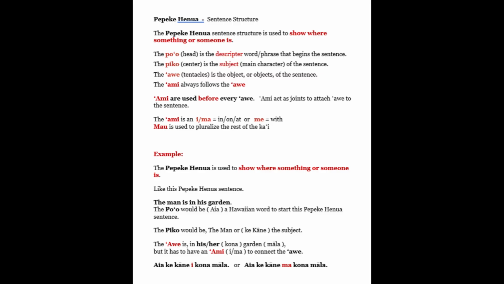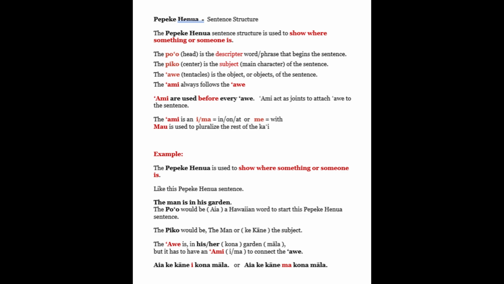Whenever you are saying a sentence in Hawaiian that is trying to show where something or someone is, that is known as a Pepeke Henua. Later on, we're going to be getting into different types of sentence structures, but these are the basic sentence structures right now.